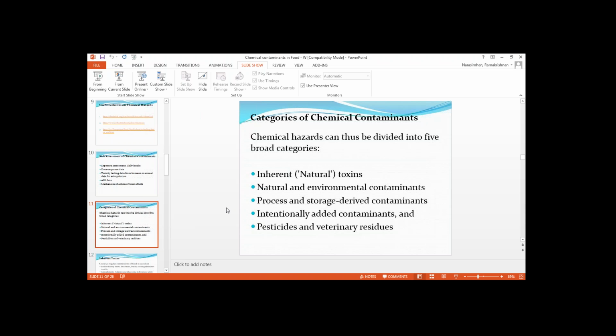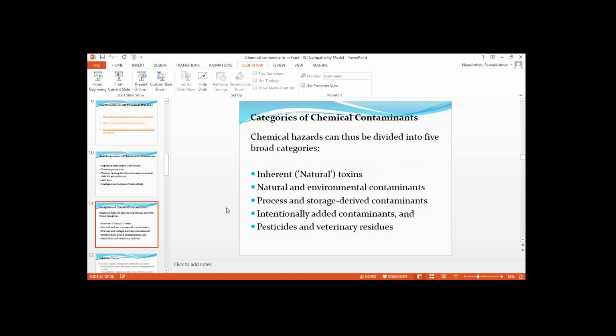Mycotoxins produced by molds on grain are examples of this category. Again, nitrate accumulation in leafy vegetables and heavy metal accumulation in seafood are other examples of this category.